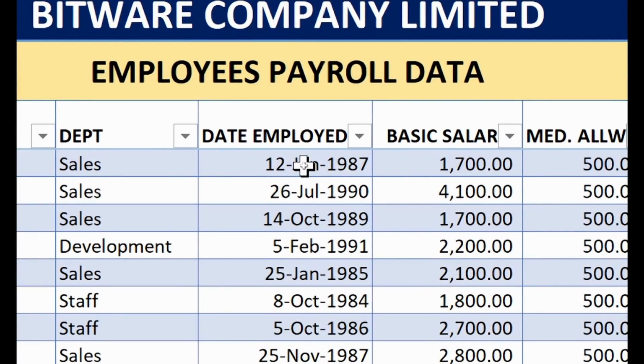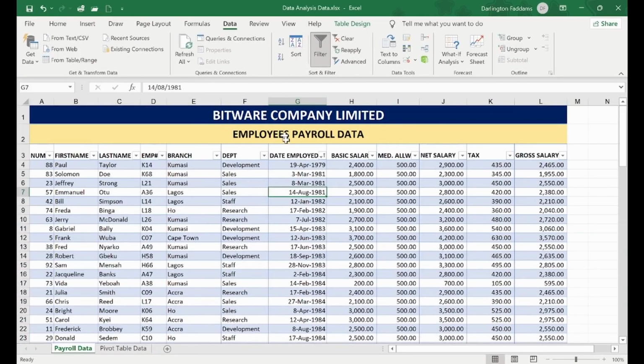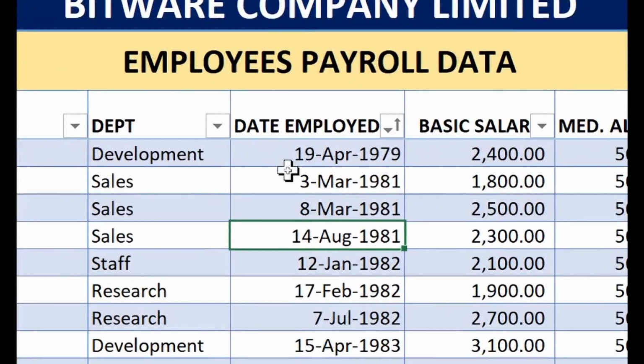Over here we have Date Employed, and each employee has the date they came to the company, and we want to find out the dates of employment in ascending order. So you just select anywhere, go to A to Z, and it's going to do that for you with just a click of a button.